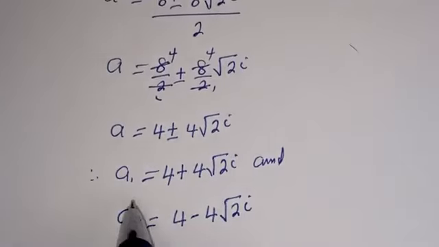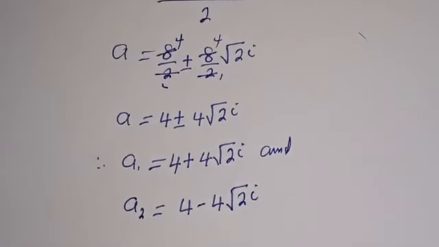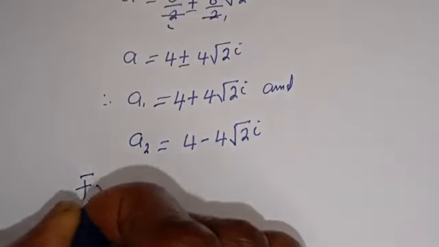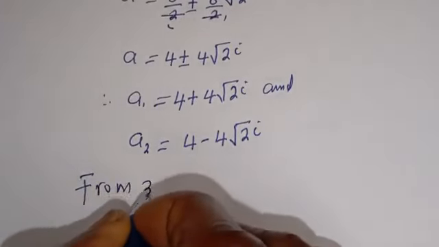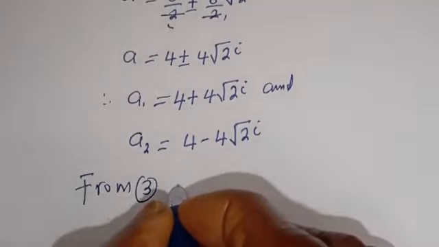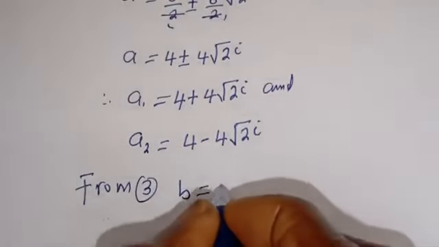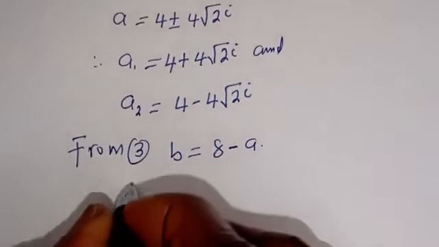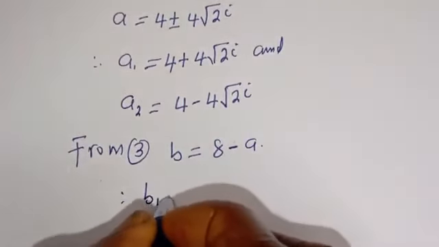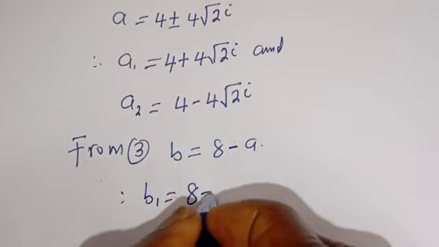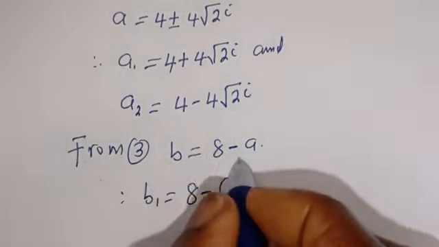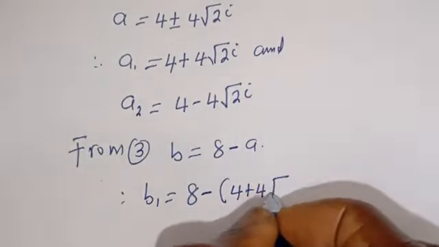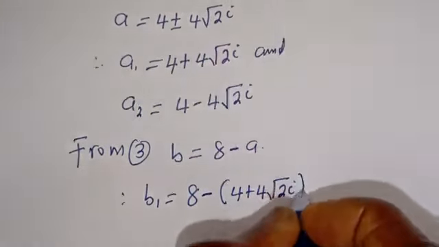We've gotten the value of A1 and A2. We can solve for B1 and B2. Then from equation 3, B is equal to 8 minus A. Therefore, B1 will be equal to 8 minus, what is A1? That is 4 plus 4 square root of 2I.